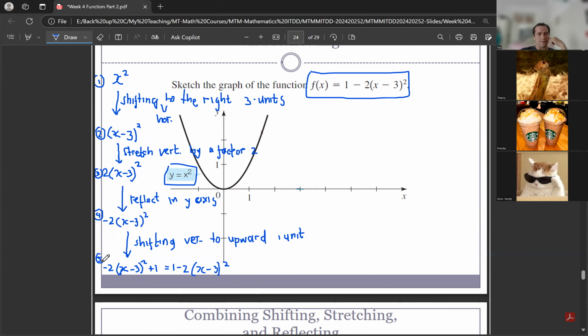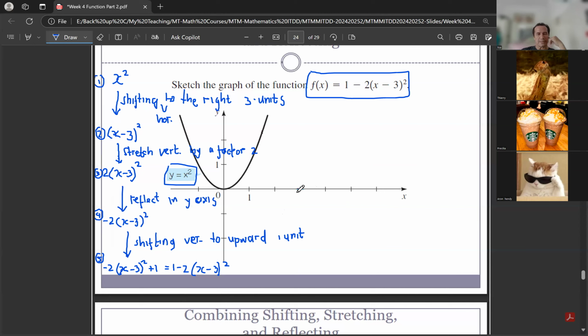So there are five graphs that should be made to get from the original to the final answer.